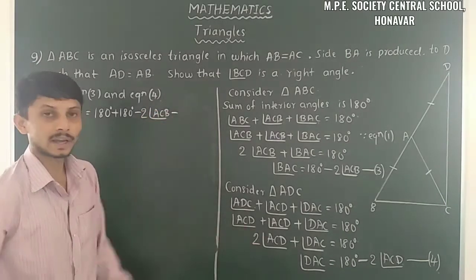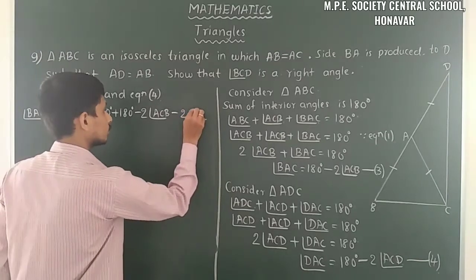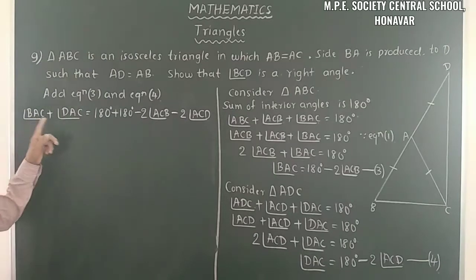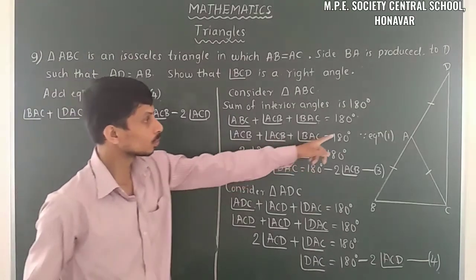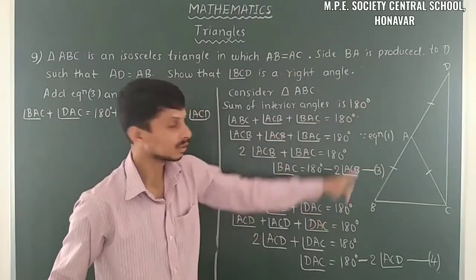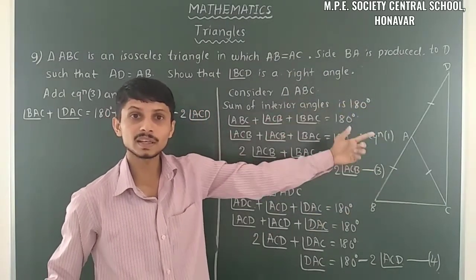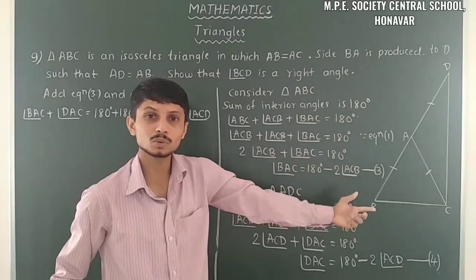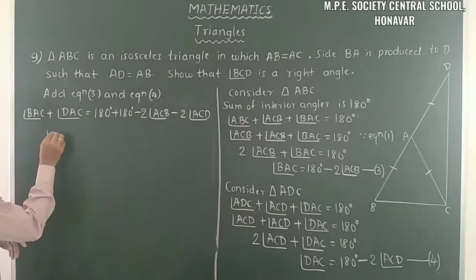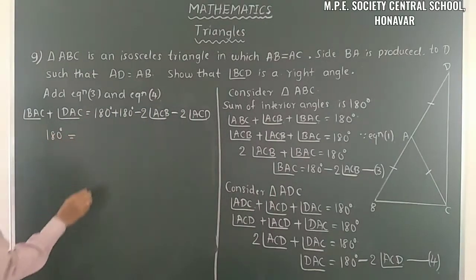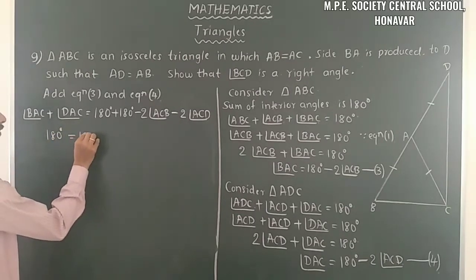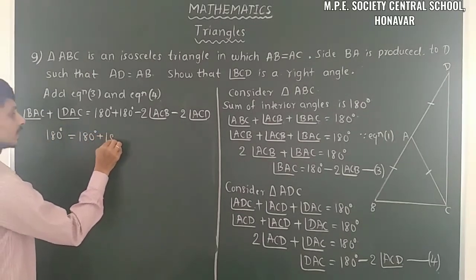Here angle BAC plus angle DAC are the adjacent angles when ray AC stands on BD. So the sum of those two angles is 180 degrees. So it is 180 degrees is equal to 180 degrees plus 180 degrees.